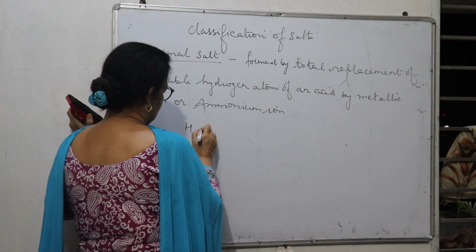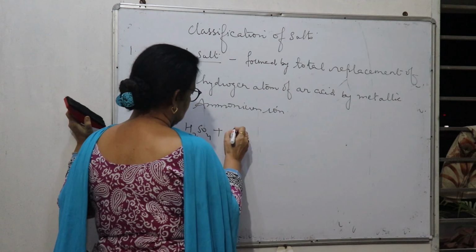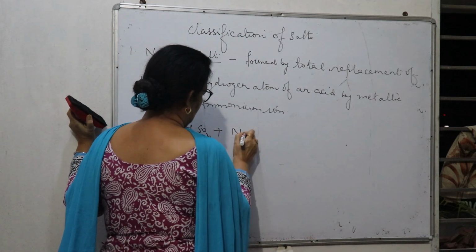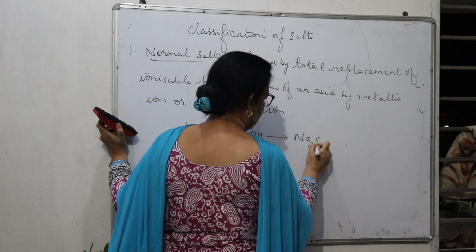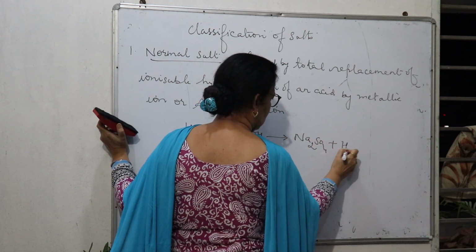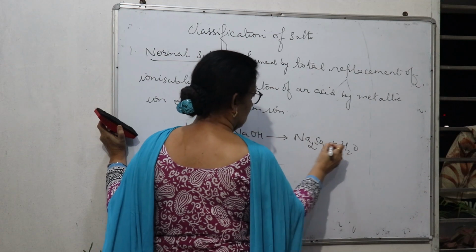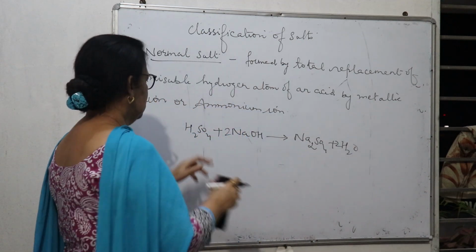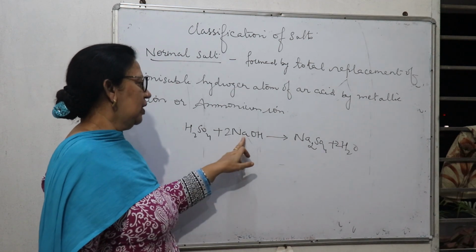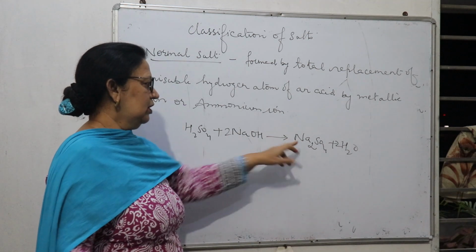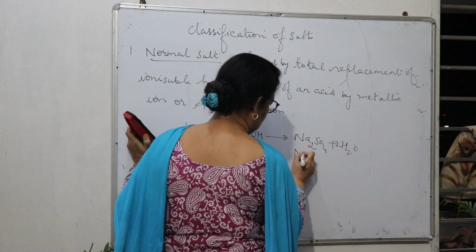So normal salt is formed by total replacement. I gave you the example, that's H2SO4 plus NaOH gives Na2SO4 plus water. This is total replacement of ionizable hydrogen atom of an acid by metallic ion. So this salt is normal salt.